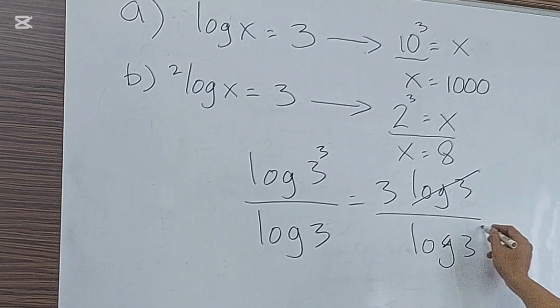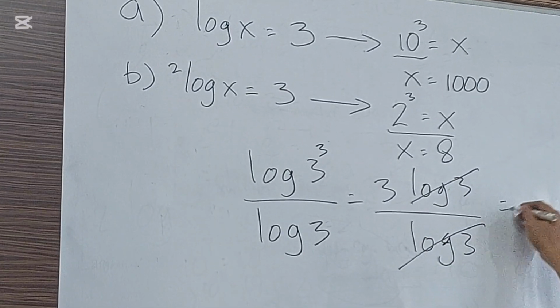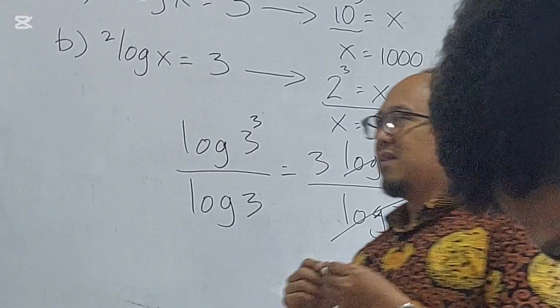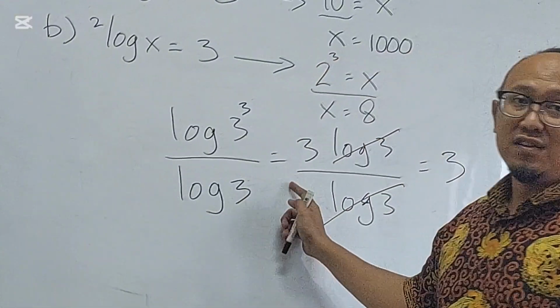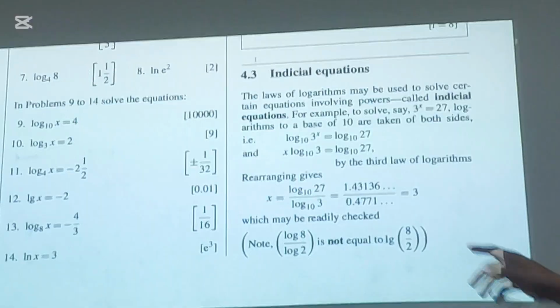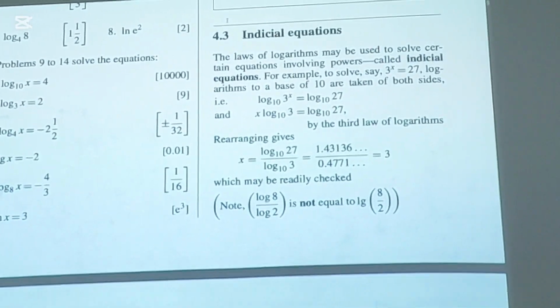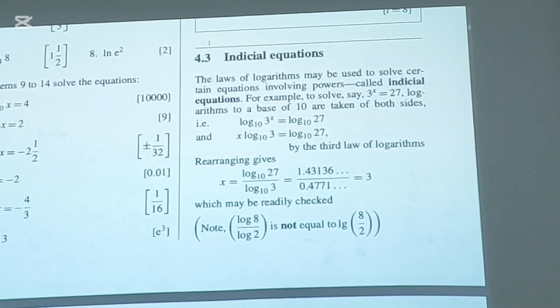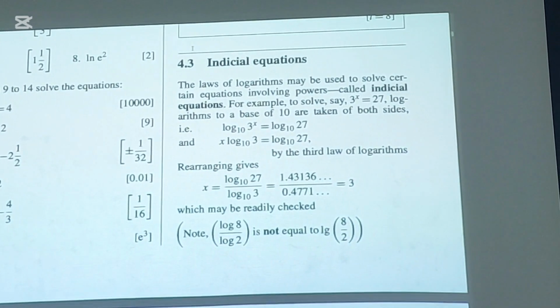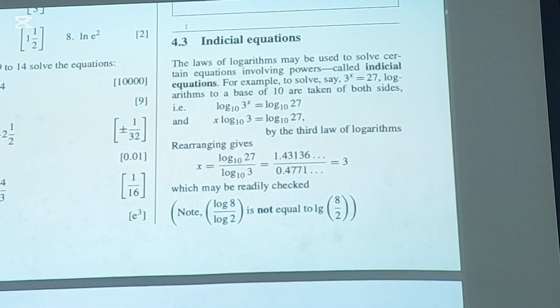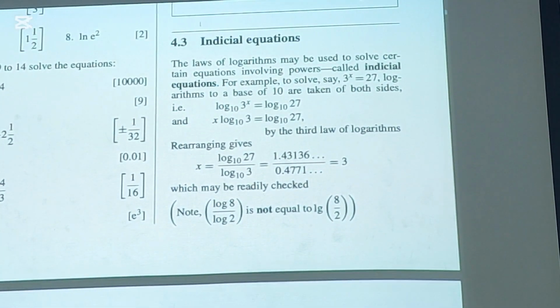So it equals 3. I think this is the simplest or easiest way. You don't need your calculator.